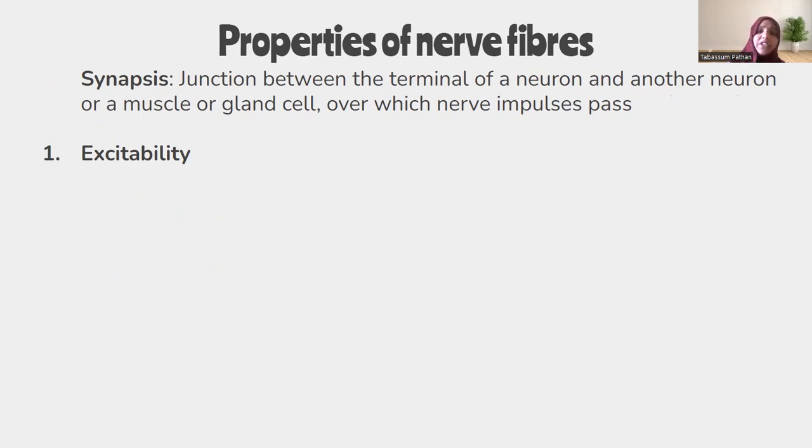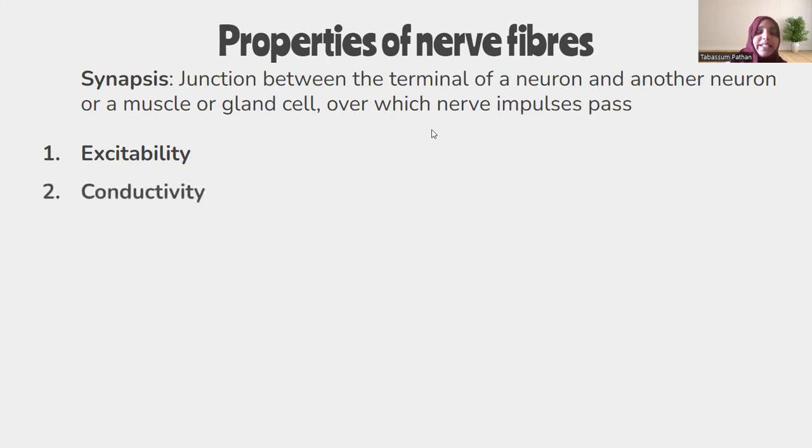What is polarization, we will be seeing in the further videos when we discuss the mechanism of the electrical impulse transmission, how this electrical impulse is transferred along the membrane of the neurons. So right now, just the property, that excitability, that is the nerve fibers have the capability of conduction of this electrical impulse because their membrane can be polarized and repolarized.